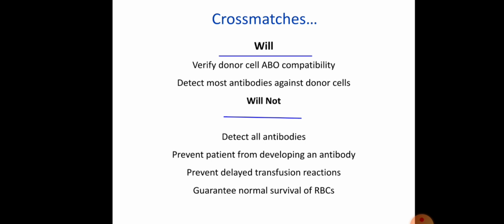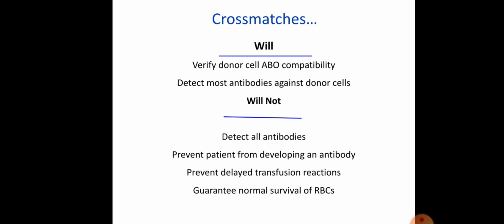Now, whenever there is a cross match, it should verify the donor cell ABO compatibility. It will also detect most antibodies against the donor cell. What the cross match will not do is detect all the antibodies, and it cannot prevent the patient from developing antibodies. It also cannot prevent a delayed transfusion reaction.